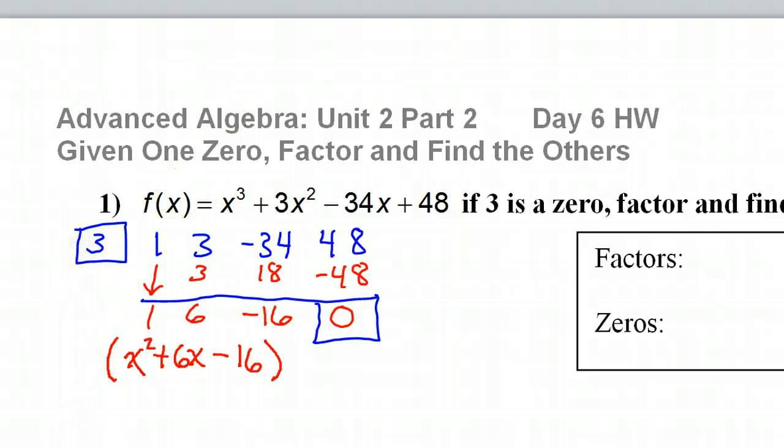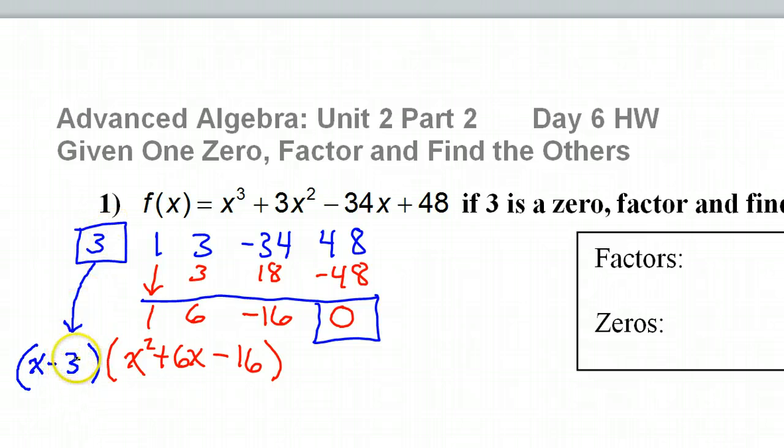Now this zero that we were given, a zero of 3, is also going to tell us one of the factors. This positive 3 zero would only come from a factor of x minus 3.